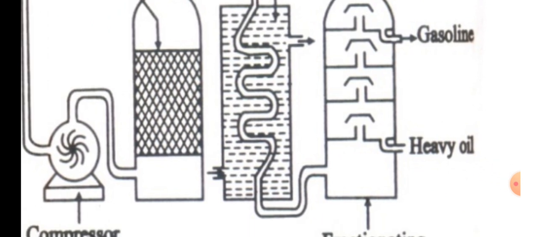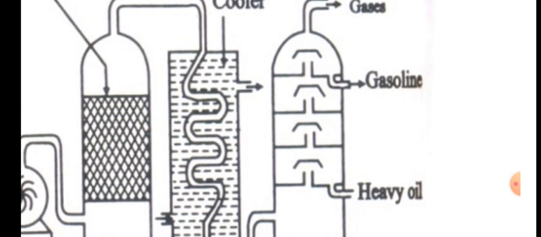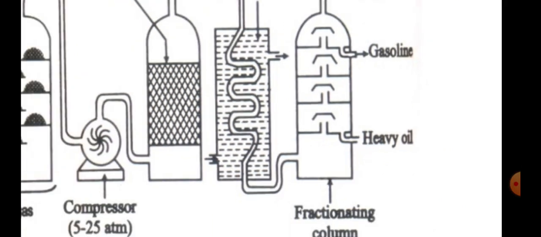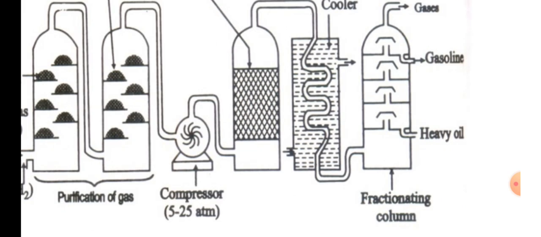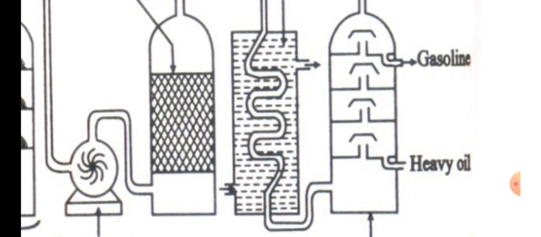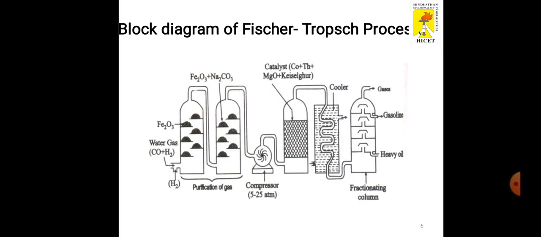In the next chamber, the liquid fuel is collected in the fractional distillation column. In the fractional distillation column, the gasoline, that is the synthetic petrol, is collected, and the heavy oil is also collected, and some of the gaseous fuel is collected at the top. The main thing is we are getting the synthetic petrol, that is gasoline, from this setup of the Fischer Tropsch method. This is one method.